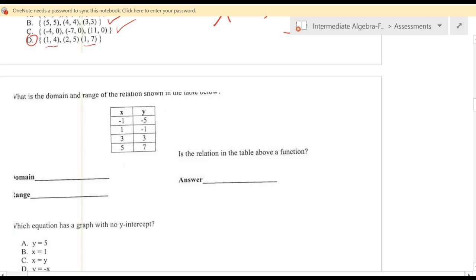Question 2 says, what is the domain and range of the relation shown in the table below? So let's recall, domain is our x values, and range is our y values.